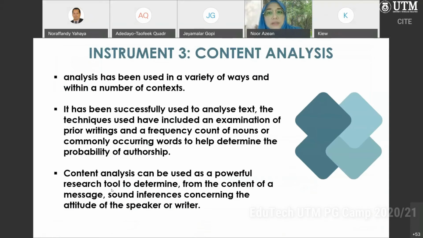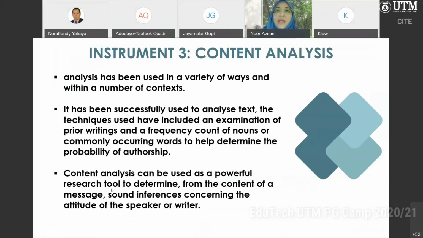Now let's think about content analysis, the third instrument. The instrument number three refers to content analysis. This instrument is very important. As a research technique, content analysis has been used in a variety of ways and within a number of contexts.